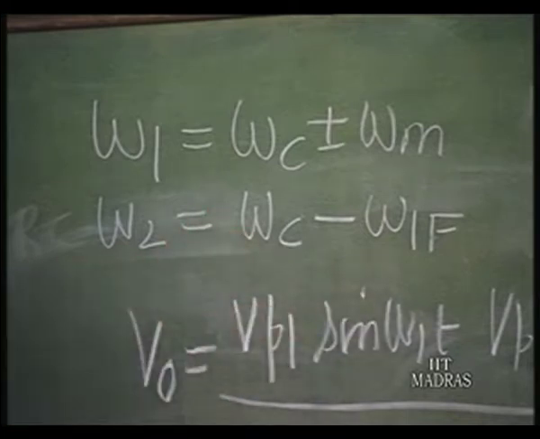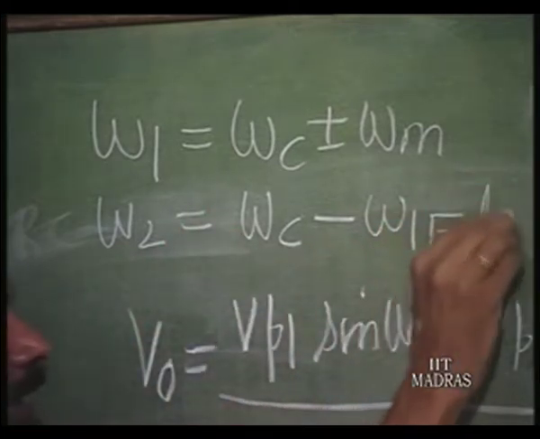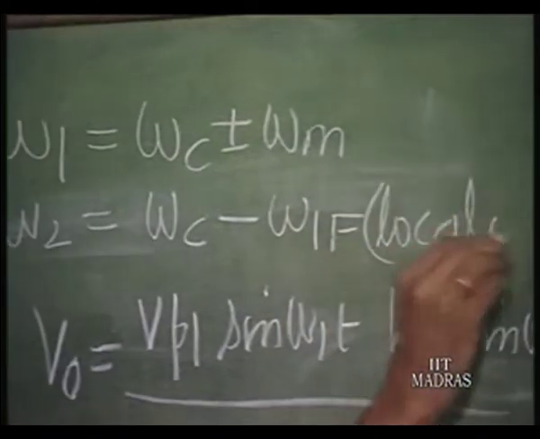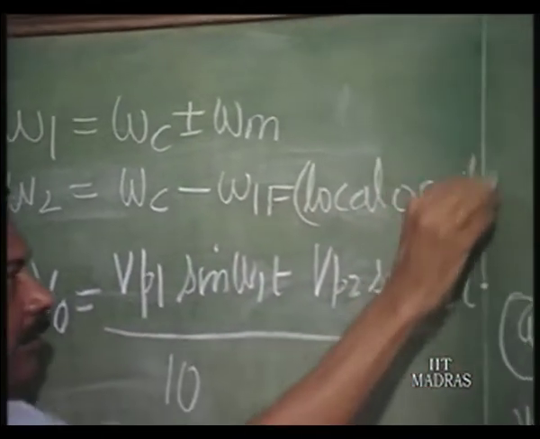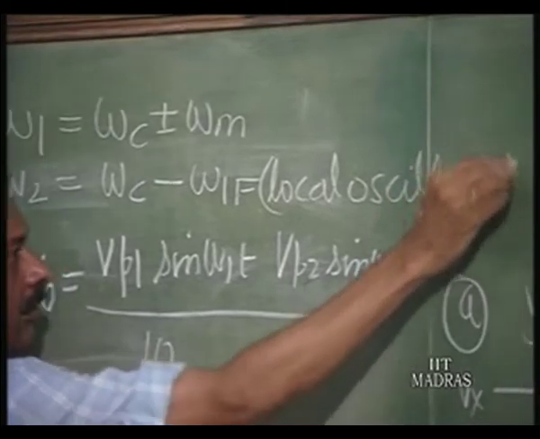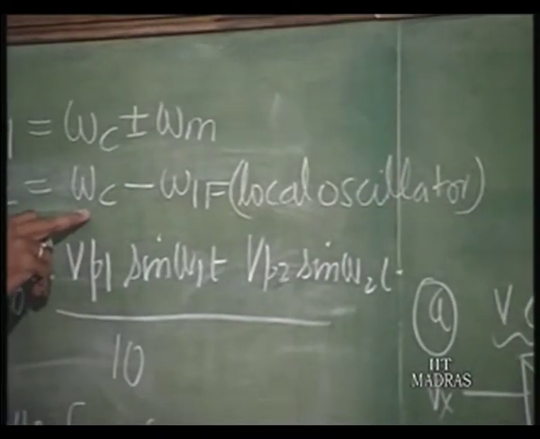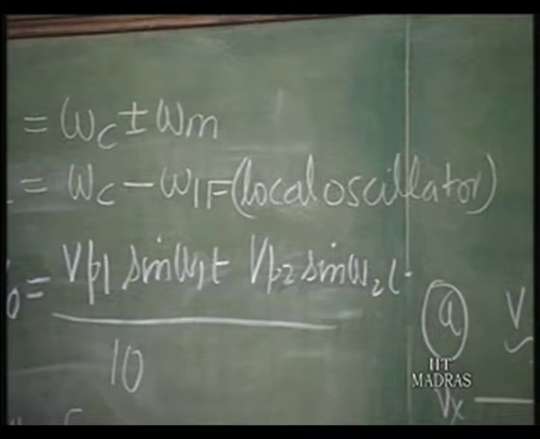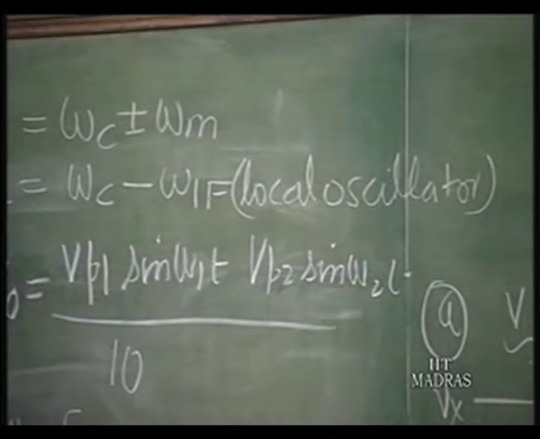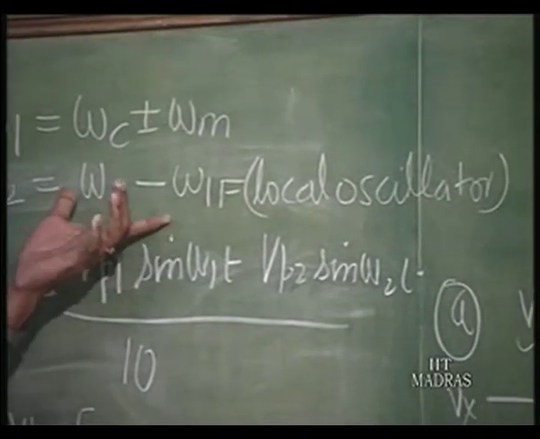This is called local oscillator frequency. Because omega c is a fixed frequency, omega if is another fixed frequency. What happens? Let us see.